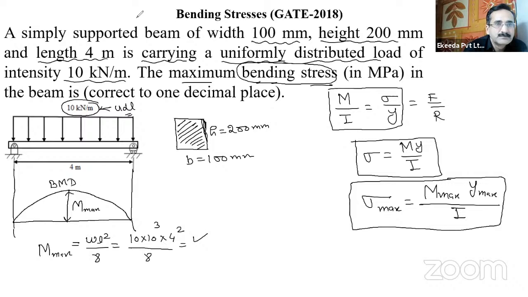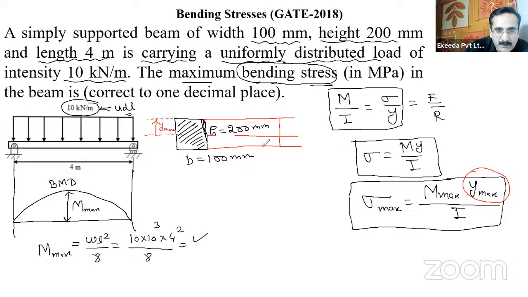What is Y max? Y is the distance of the outer fiber. This is basically the Y max, the outer fiber. And the variation will be linear, like this.